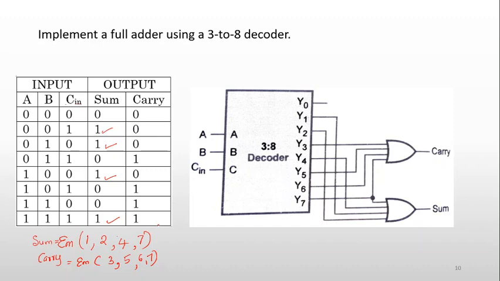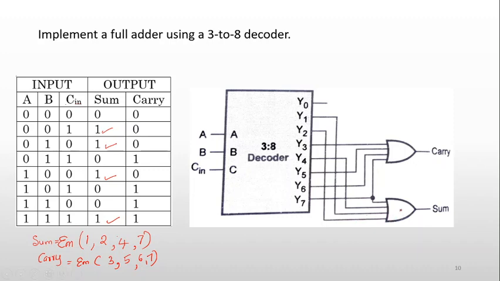Now let us implement sum and carry. So first draw the block diagram of 3 to 8 decoder, that is A, B, C as the input, Y0 to Y7 as the output. Now let us implement sum. Sum is nothing but summation m of 1, 2, 4, 7. So pass Y1, Y2, Y4, Y7 through a 4 input OR gate.